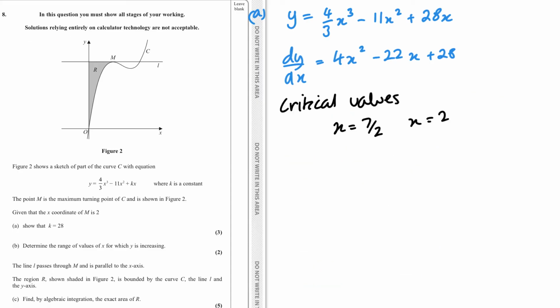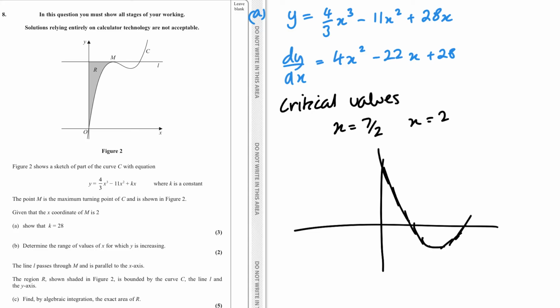Now, think about my graph. It was a 2x squared minus 11x plus 14, and it has two critical values, crossing at 2 and crossing again at 7 over 2, 3.5.